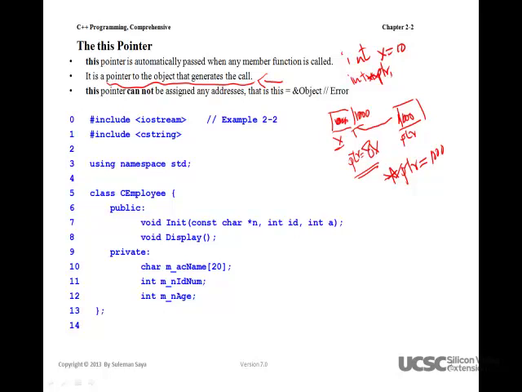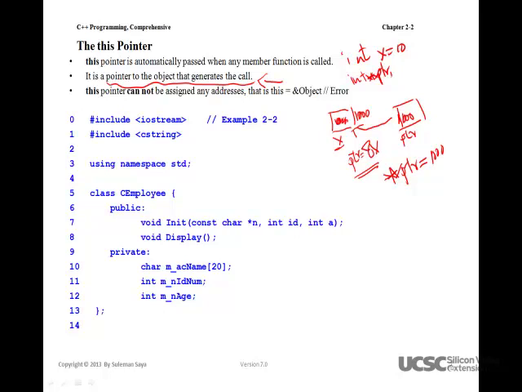At line number 5 I have the class definition starting. The class name is CEmployee, and I already told you in my first chapter that the reason I put a C in front of the name of the class is just for readability, so that anywhere in the code, right away by reading it, I would know it is a class name, not a structure name. Now notice that I have a public keyword right there.